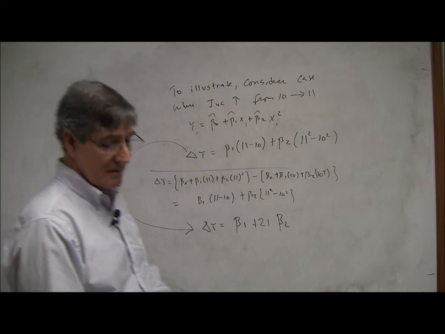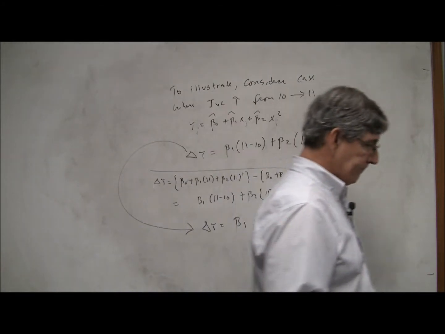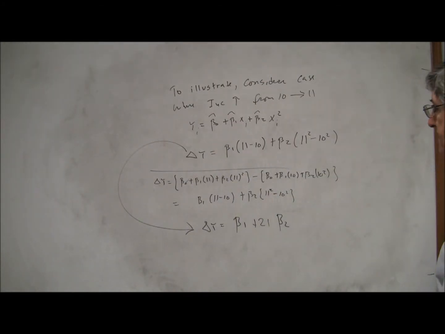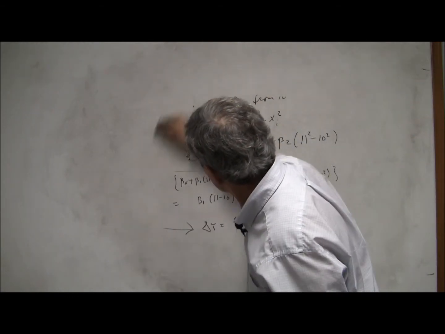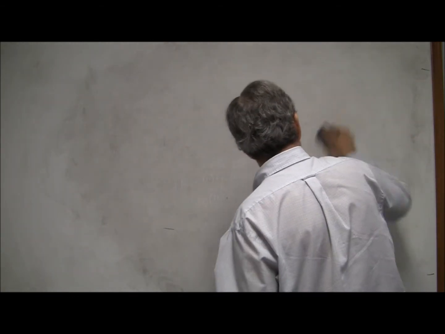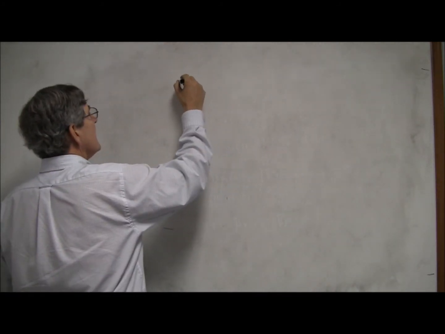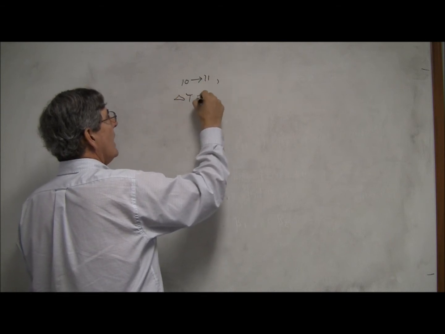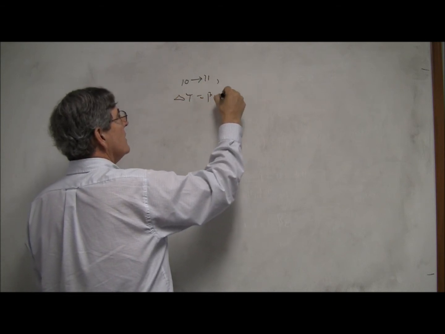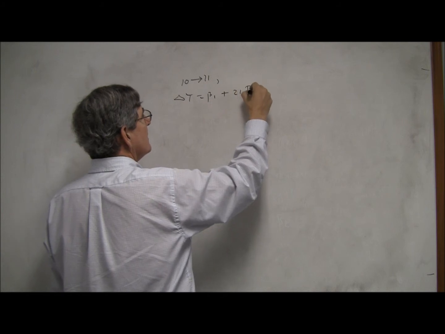It might be 82. Let me not guess. Okay. So what we've shown then is that for income going from 10 to 11, the change in y is beta 1 plus 21 beta 2.